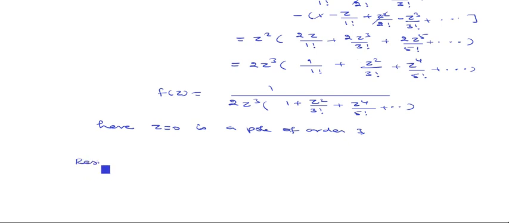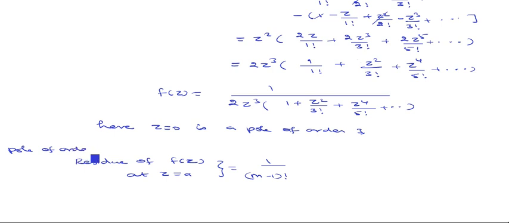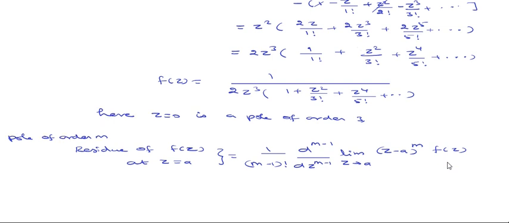The formula for the residue of f of z at z equal to a, for a pole of order m, is 1 by m minus 1 factorial, d power m minus 1 divided by dz power m minus 1, limit z tends to a, of z minus a power m into f of z. We will apply this formula here.